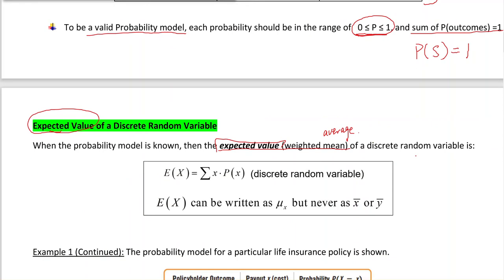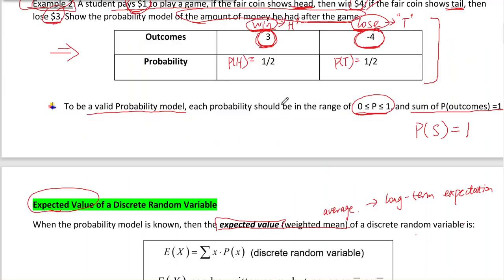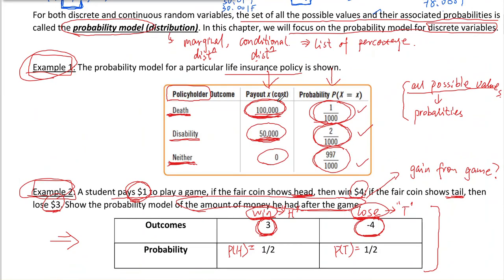So this expected value is their weighted average, weighted mean, or we call it a kind of long-term expectation. Right, so if this insurance company keeps running for a long time, then how much money do you expect to pay for each policyholder? Right, this is what we care about, right?